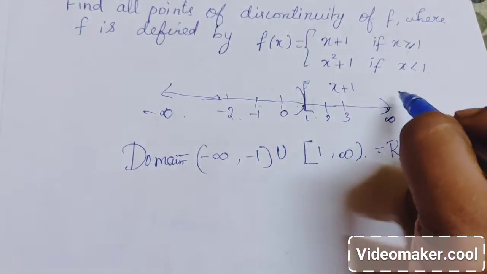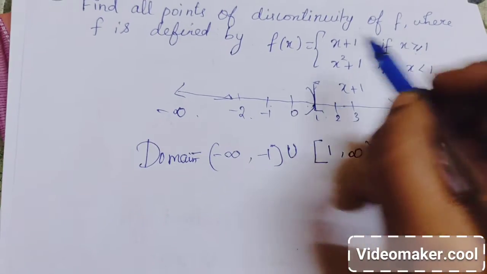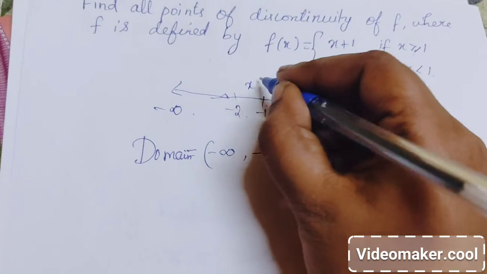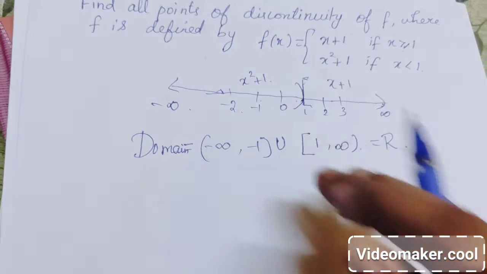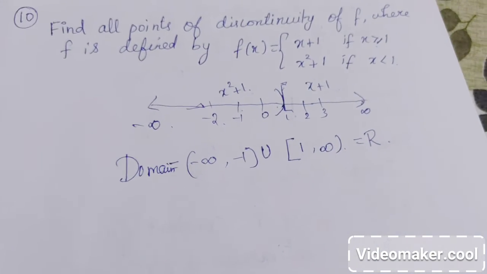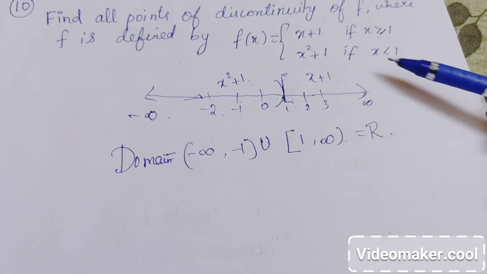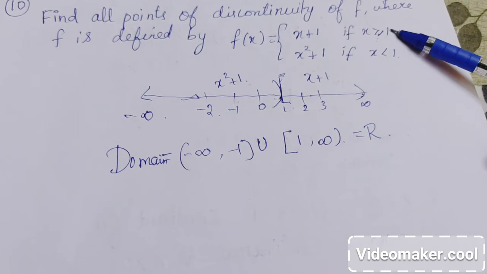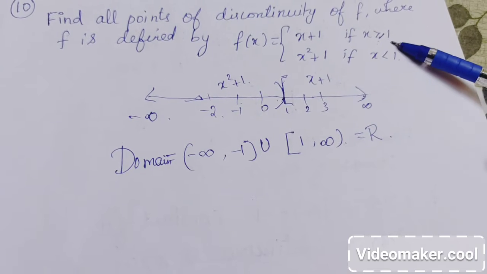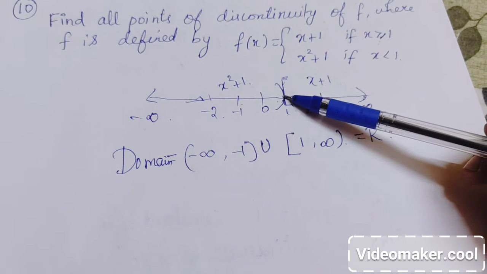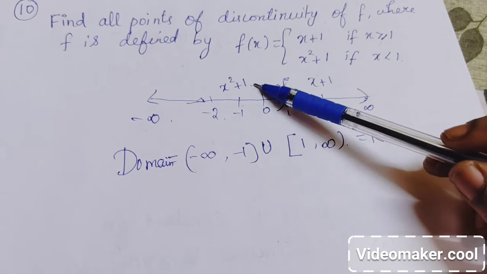Whenever the value of x is less than 1, our function will be x square plus 1. So the function has been defined on real numbers, but they have made the changes at the point 1. Up to 1, before 1, we have x square plus 1.